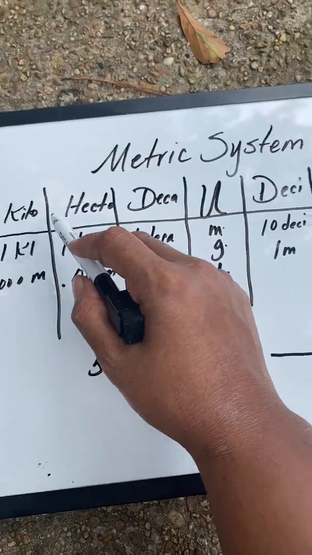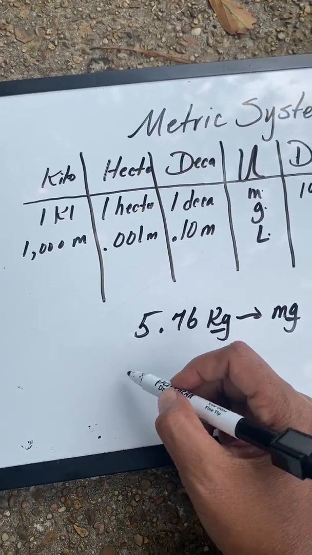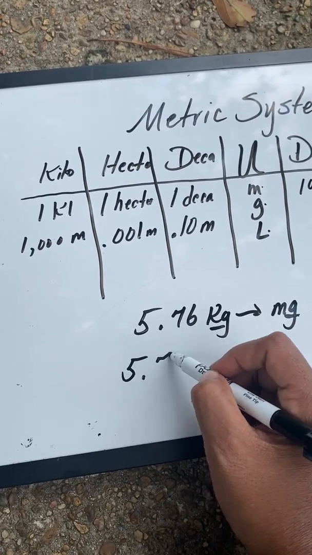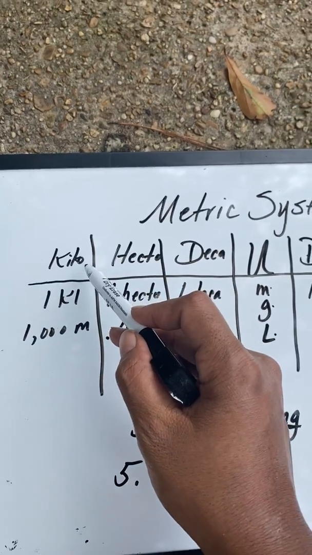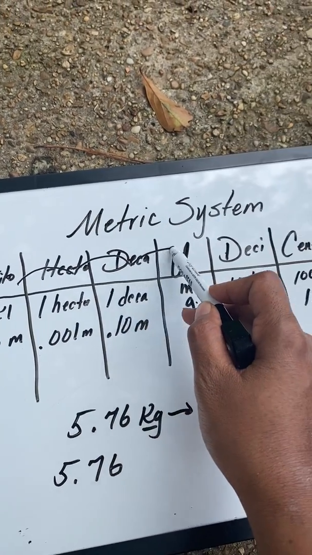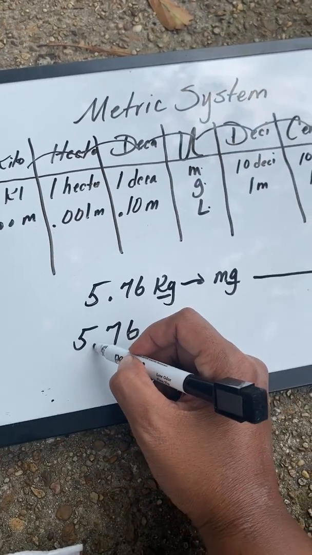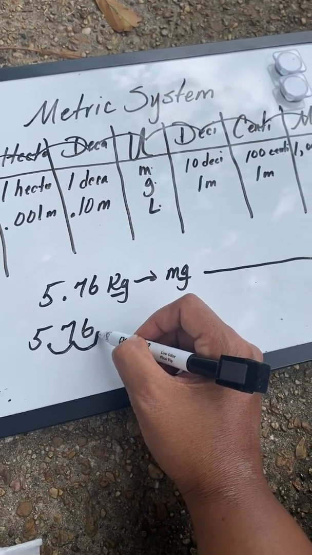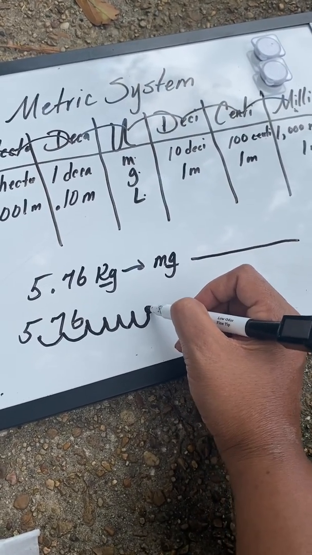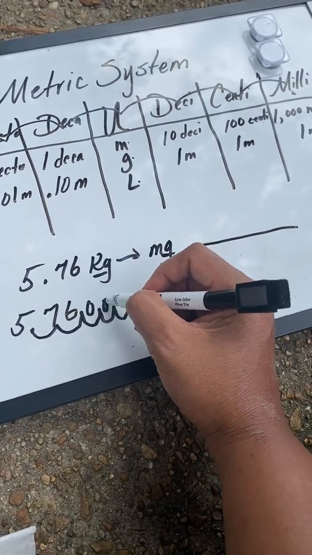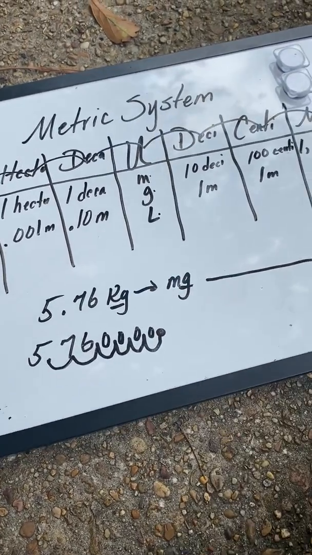The kilo to the milli. Our decimal point is here. So we have 5.76 kilograms, and we can go 1, 2, 3, 4, 5, 6. We take this decimal, 1, 2, 3, 4, 5, 6, and put it here. All of these are zeros. Those are placeholders. So that would be the answer.